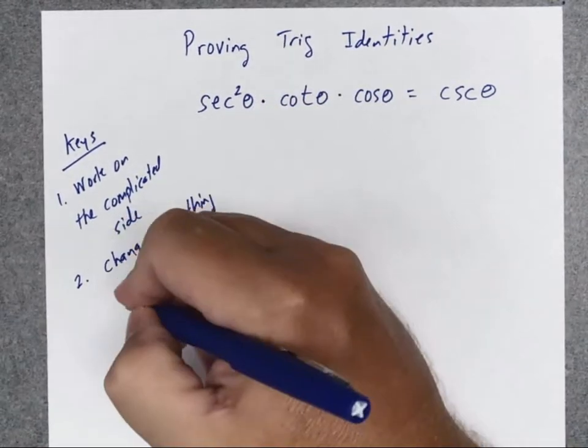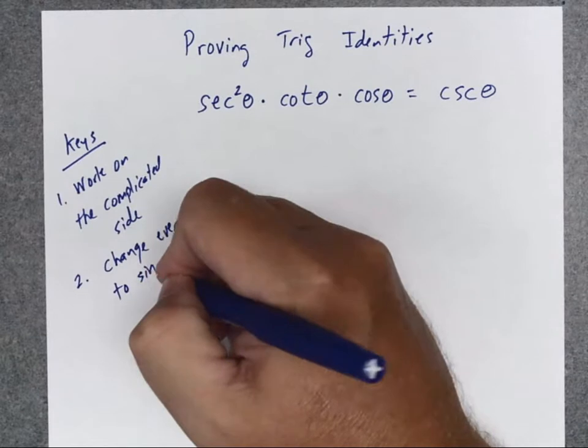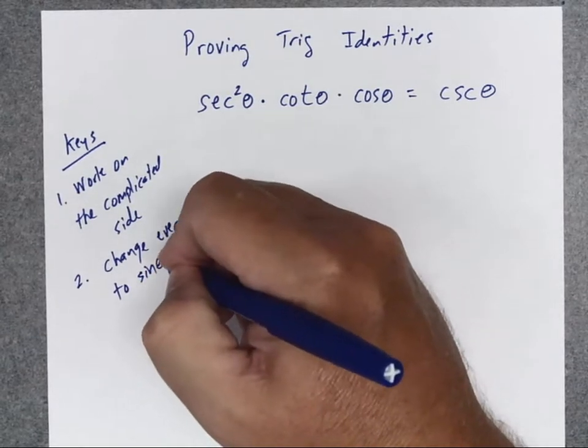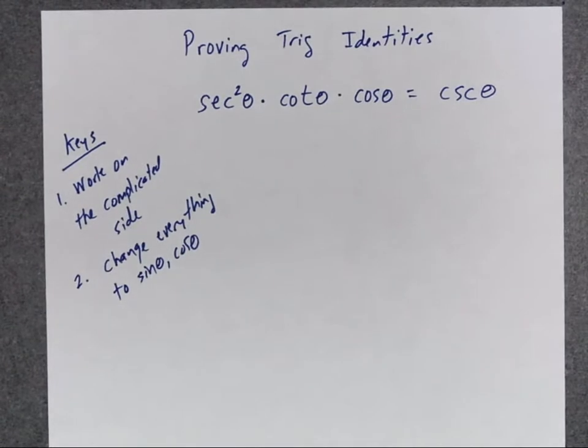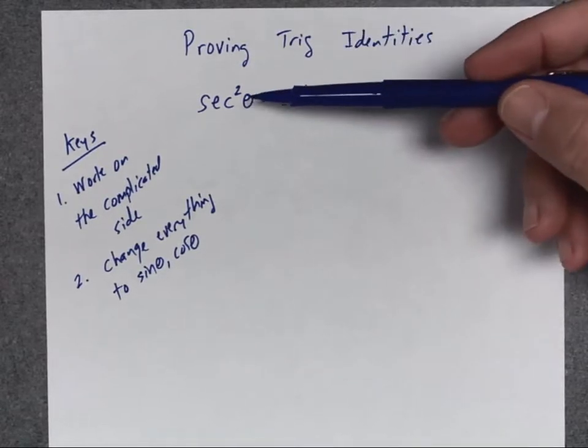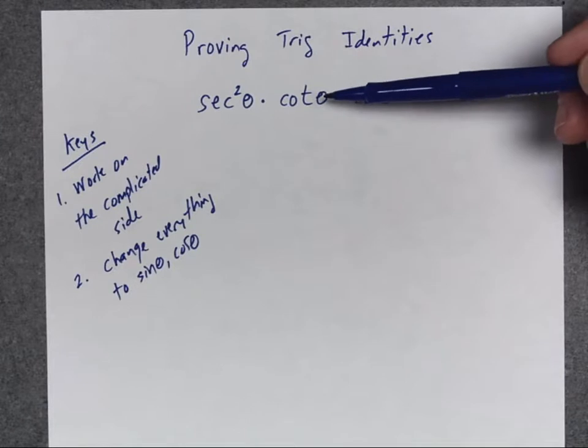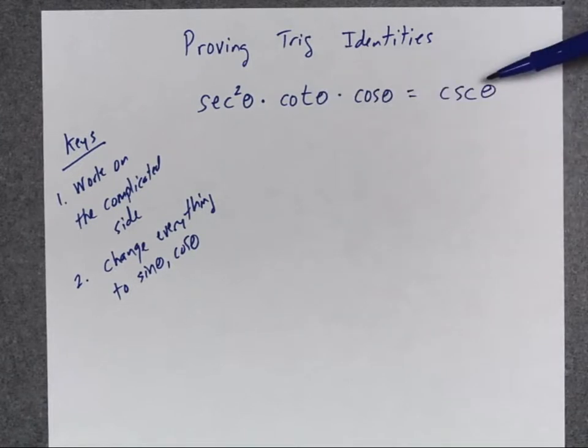Change everything to sine and cosine. Usually I find that that helps me. So in a minute when I do this problem, I'm going to change secant squared, I'm going to change cotangent, and I'm going to change the cosecant.